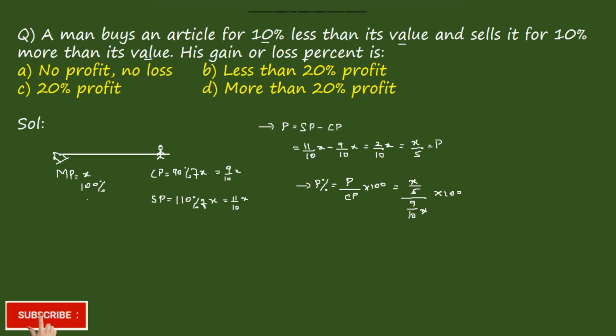X cancels. One side goes by 2, so which is equal to nothing but 200 by 9, which is equal to 22.2 percentage. So see the options. It's saying less than 20% or more than 20%, no profit or 20 percentage, right? It is more than 20 percentage. So the answer is option D.